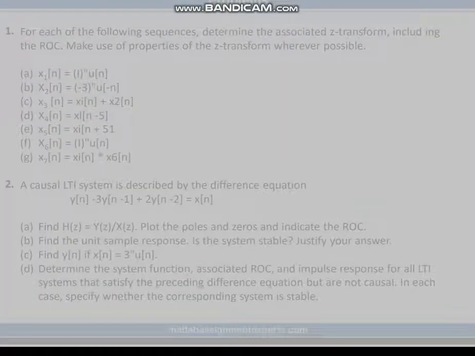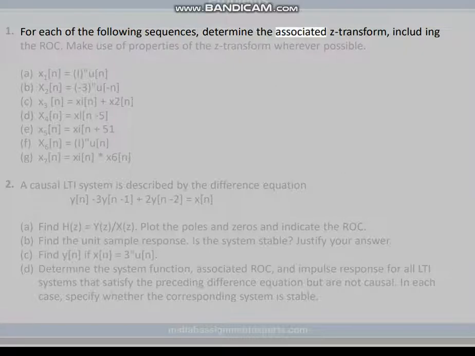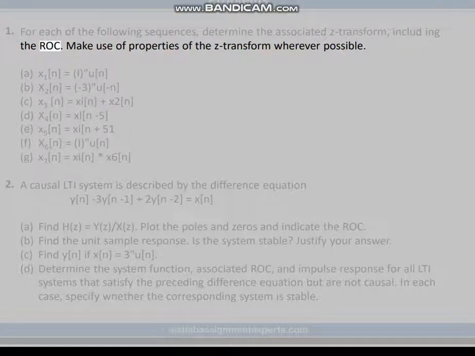Problems. For each of the following sequences, determine the associated z-transform, including the ROC. Make use of properties of the z-transform wherever possible.